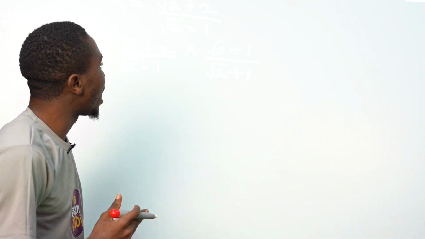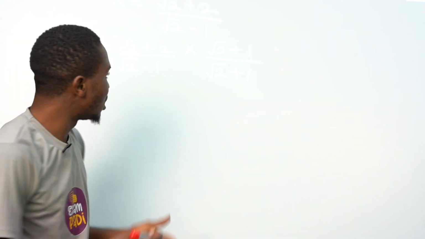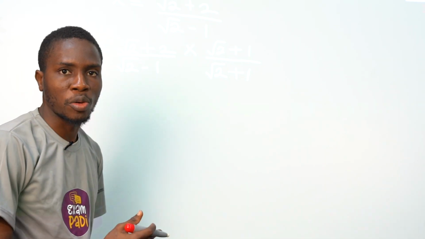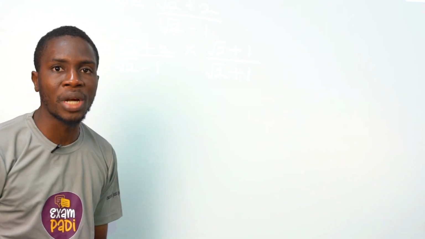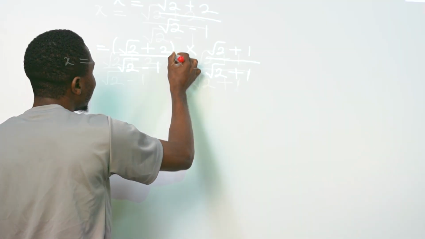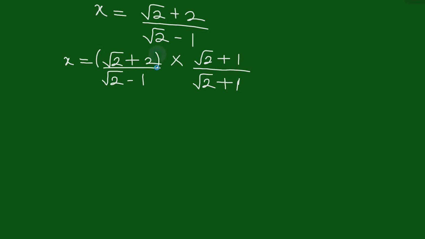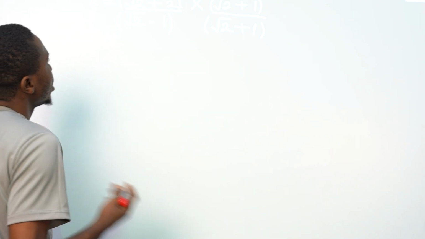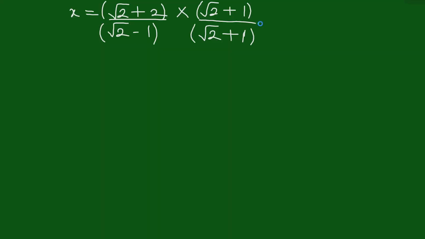Now let's multiply numerator by numerator, denominator by denominator. You can as well put them in brackets to not get confused. So let's solve for that. Root 2 times root 2 would give us 2, because root 2 times root 2 gives root 4, and the square root of 4 is 2.